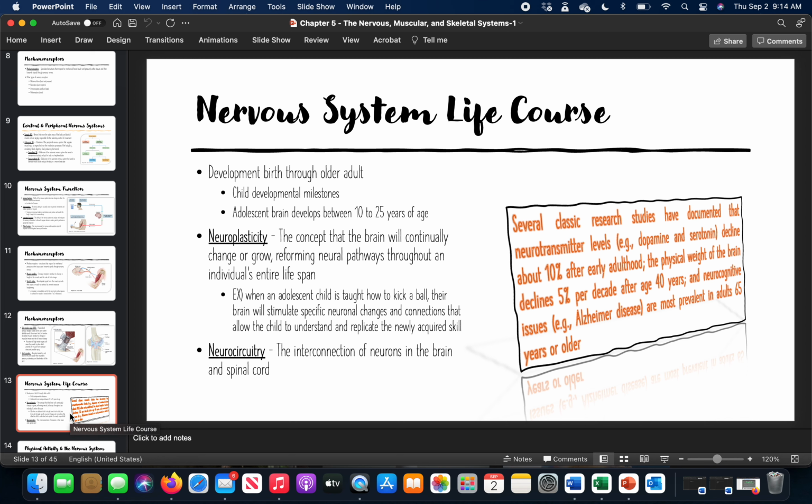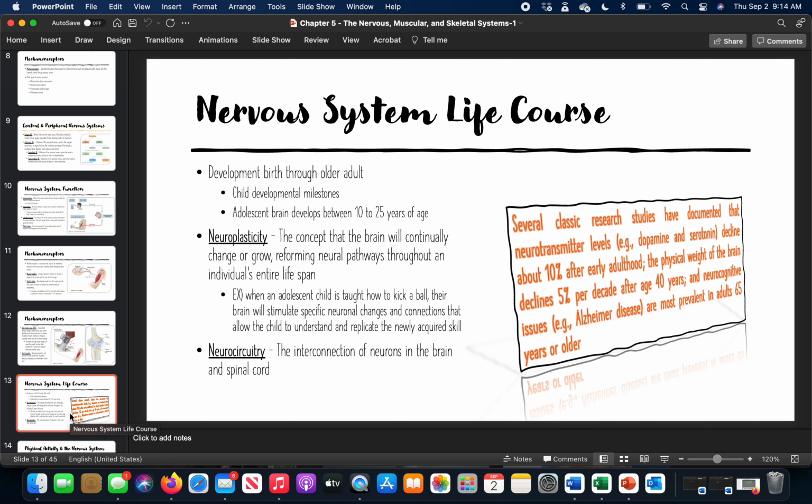Understand that neuroplasticity, and I'm sure you've probably heard this on commercials and things like that. What you're talking about with neuroplasticity is your brain is always changing and growing. And what you're doing is you're always forming or reformulating new pathways as you go through your lifespan. And whenever we say we're always learning, well, this is one of those ways with neuroplasticity.